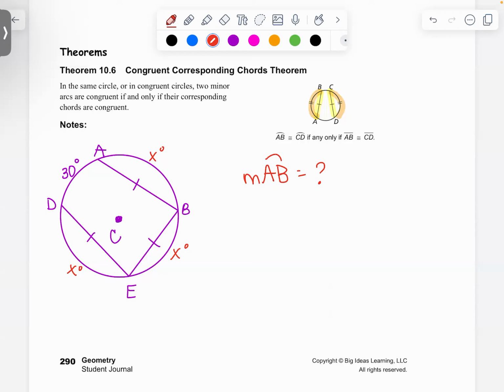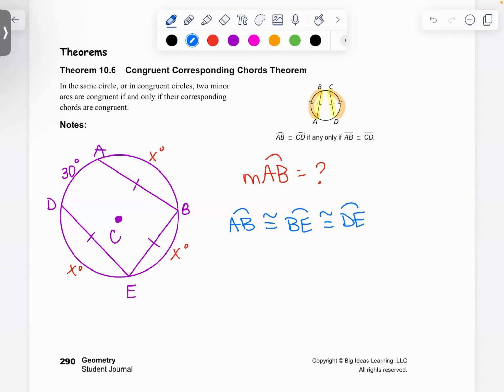Yep, we can write that. These three arcs are congruent because their corresponding chords are congruent. And that's what this theorem is saying.